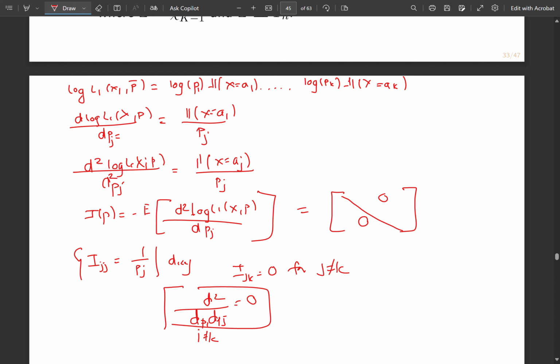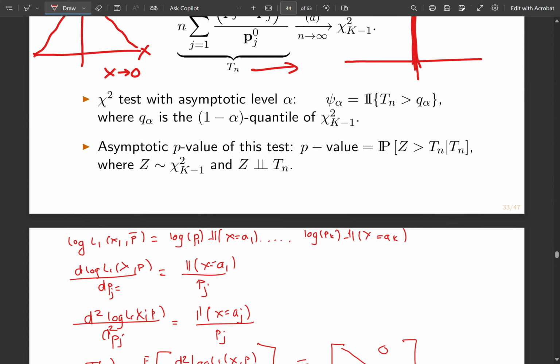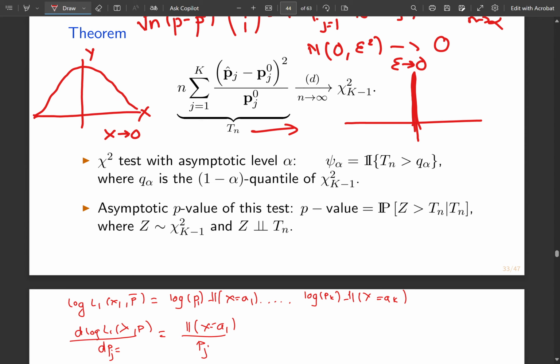Now for this Fisher information, we'll take a look at this slide here, and we know that this is exactly what we have here.